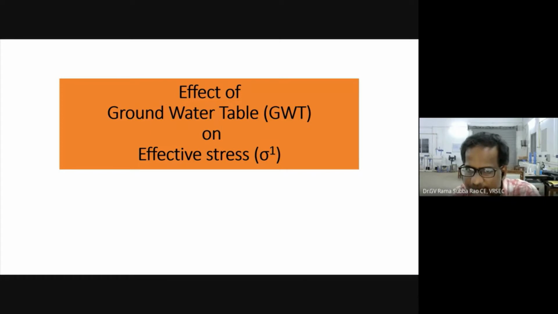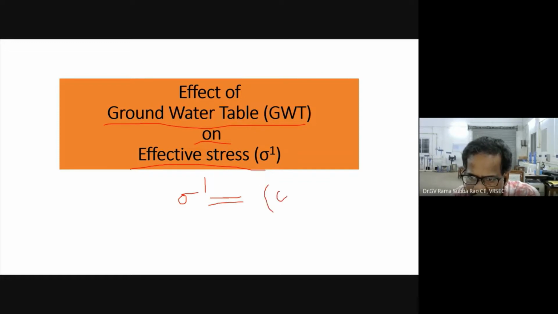We are going to discuss the influence of groundwater table on effective stress. In the last class, we started discussion about effective stress, and our interest is to compute effective stress. If we want to compute effective stress, this happens by knowing total stress and pore water pressure.